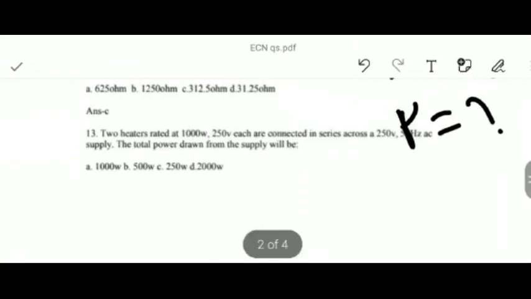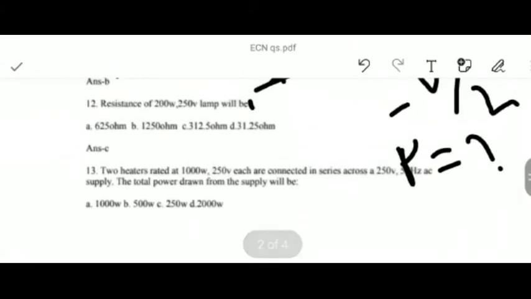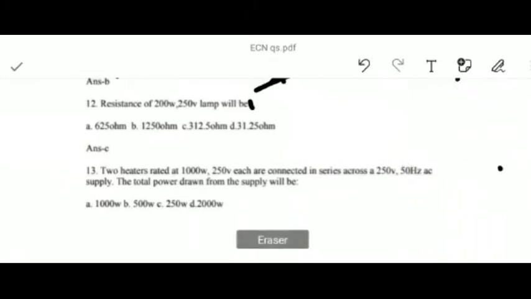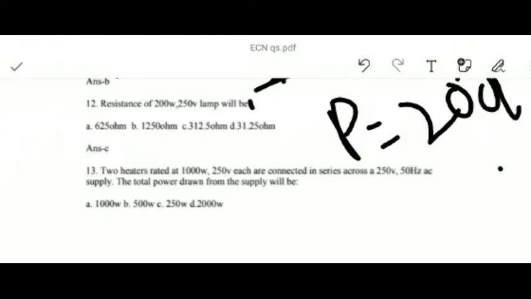Now in the 12th question, the resistance of a 200 watt 250 volt lamp will be. The question is P equals 200 watt and V equals 250 volt.